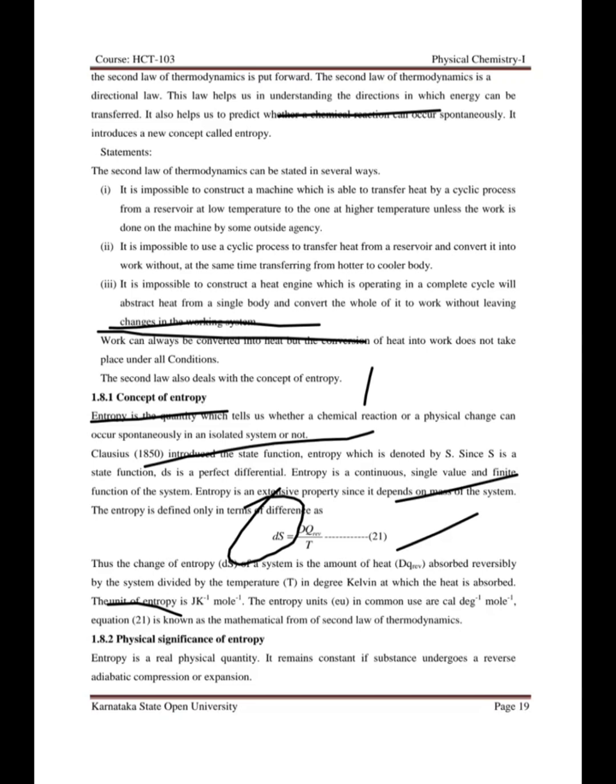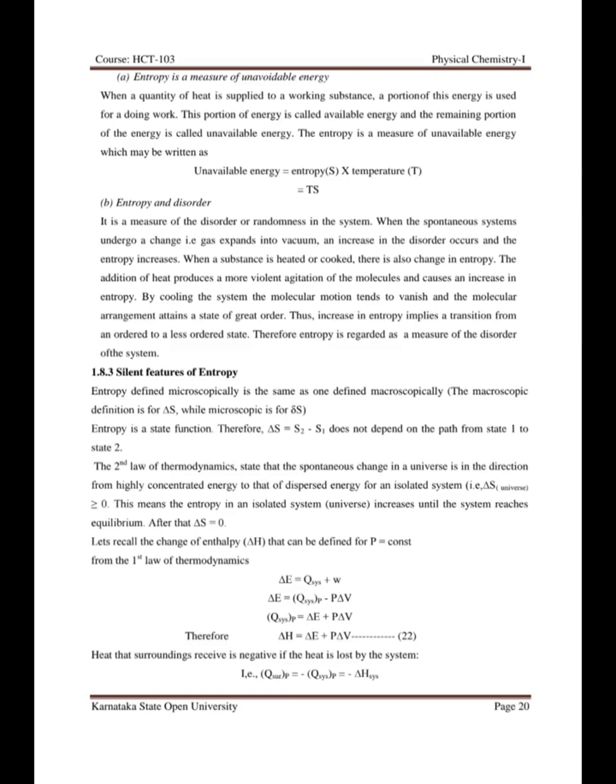The physical characteristics of entropy are important. Entropy is a real physical quantity. It remains constant if the substance undergoes reversible adiabatic compression. Entropy is a measure of unavailable energy, meaning the energy produced in the system that cannot be used.